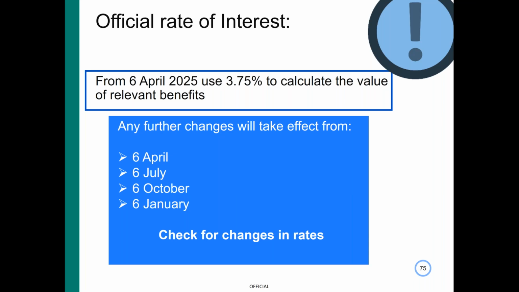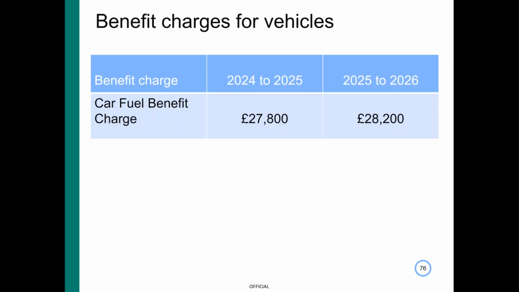The car fuel benefit charge is the amount used to work out the charge. From 6th of April 2025, it increases from £27,800 to £28,200. Use this for company cars where private fuel is provided and the employee does not reimburse you fully for this.